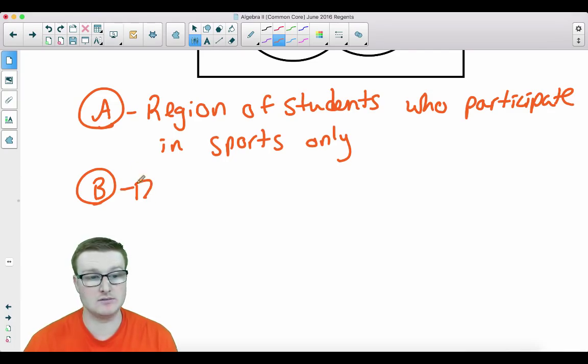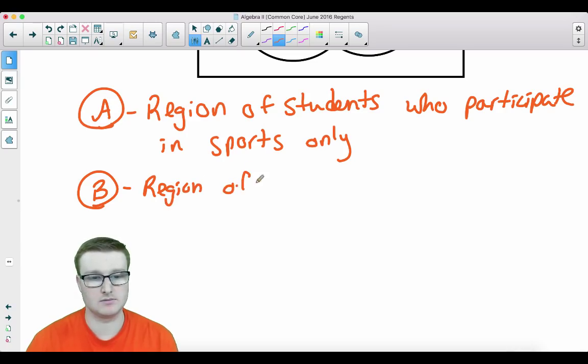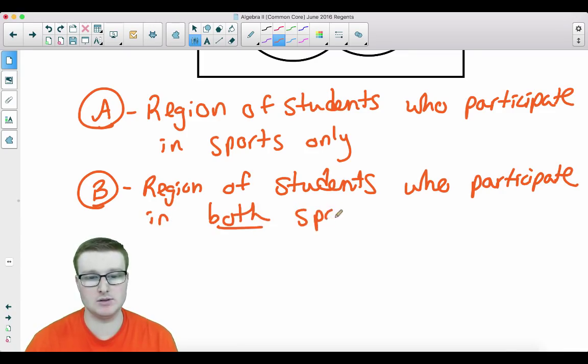Region B, which is the middle, is the region where they participate in both. So it is the region of students who participate in both sports and music.